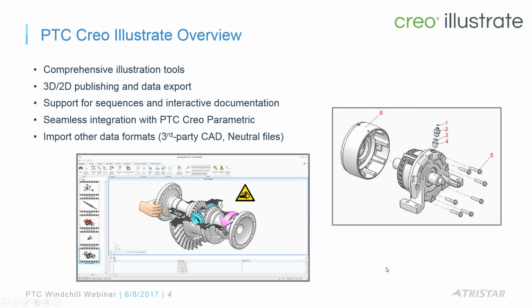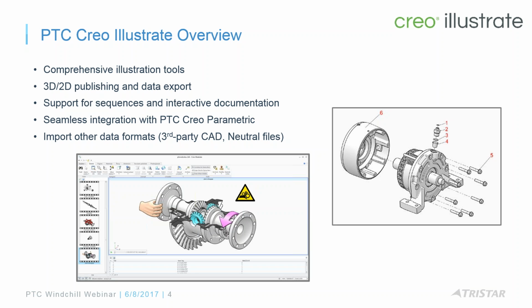Going back to what we covered last time, for those new joining us today, Creo Illustrate is an illustration tool. It's able to reuse 3D and 2D data from CAD systems. Obviously, you can also import things from neutral files like STEP files, IGES, and Parasolids.